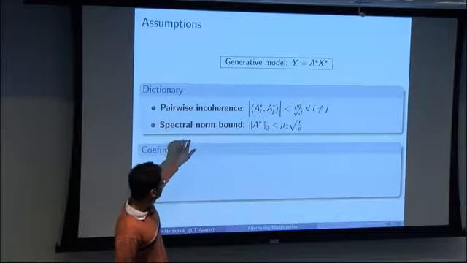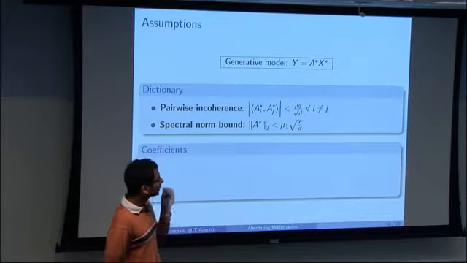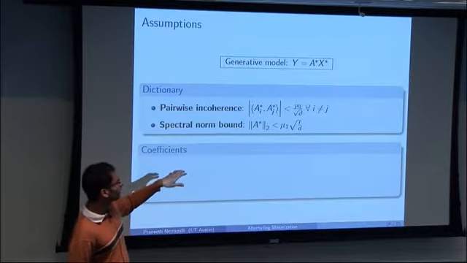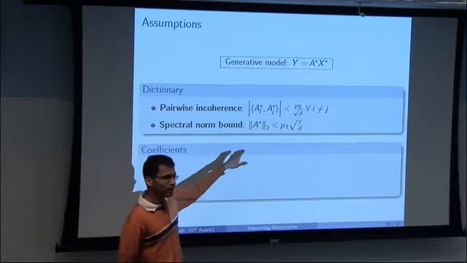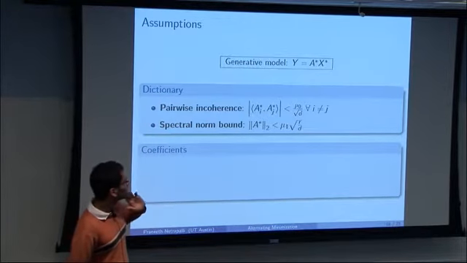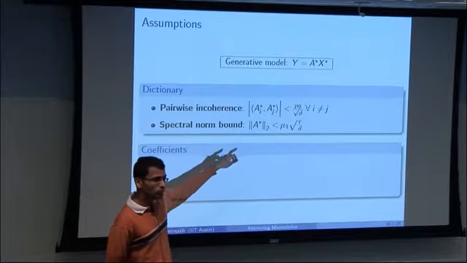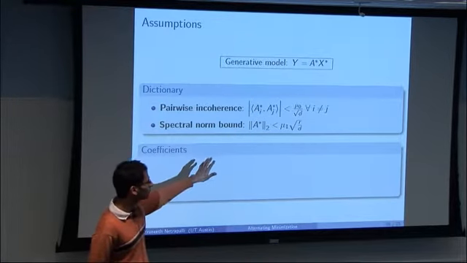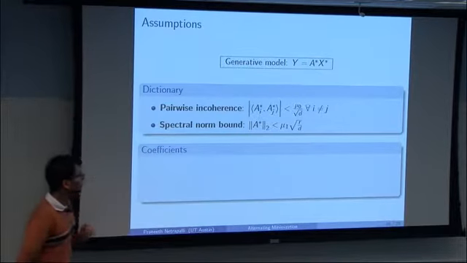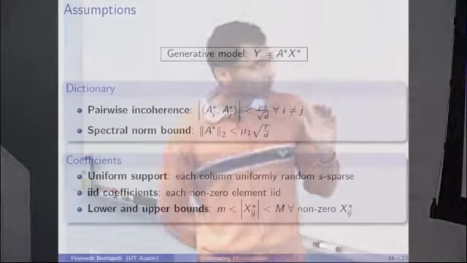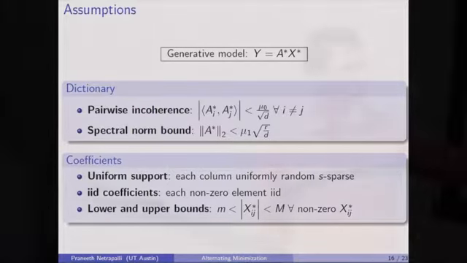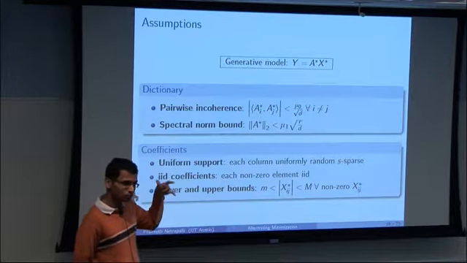The second assumption is on the spectral norm. This assumption is not crucial for our results to hold, in the sense that we allow mu1 to scale and our results capture the dependence on mu1. But I'll use a constant scaling of mu1 for illustration, since this is also the scaling suggested by random dictionaries. On the coefficient matrix, we assume that each column has a uniformly randomly chosen sparse support.